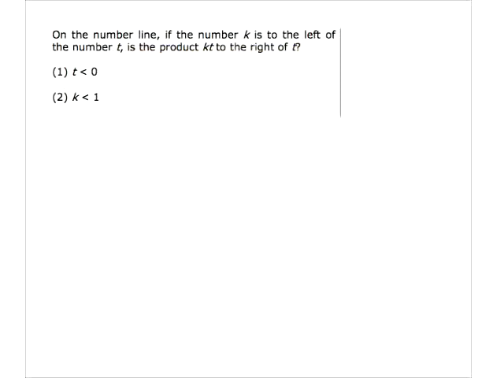Most of you got it right, so we will do it quickly. Statement 1, we know that k is less than t, but we also know that t is less than 0. So on the number line, we have 0, we have t, and we have k.